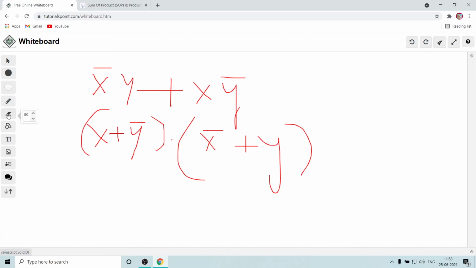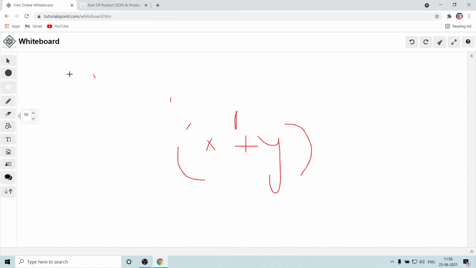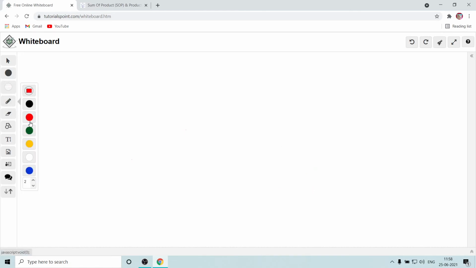Okay, now I'll move to circuit designing for you all, how do we design. Suppose we are having two variables, then how we are going to make the logic. Suppose x bar y bar plus x y plus x bar y.